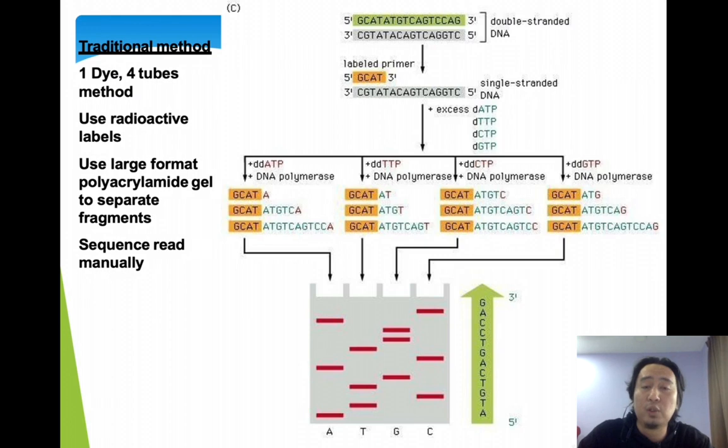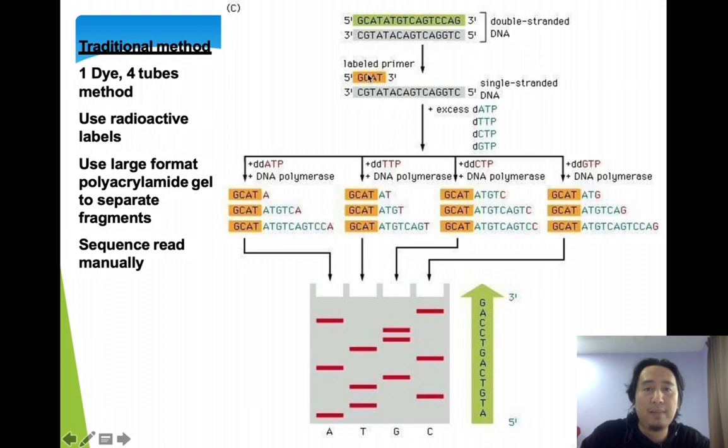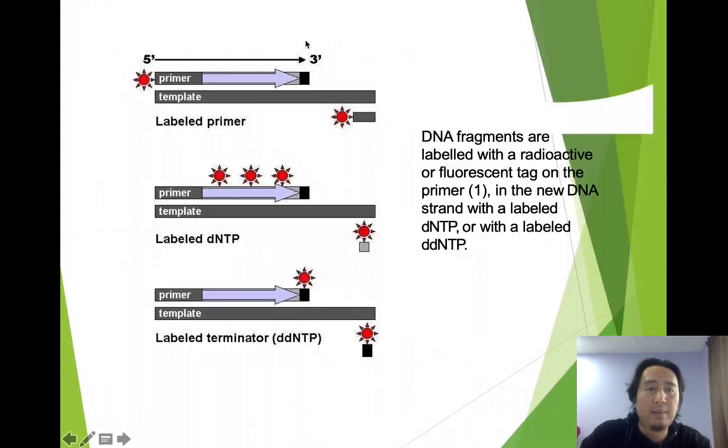How the Sanger method sequencing works. DNA fragments are labeled with a radioactive or fluorescent tag on the primer. You can use it on the primer, so this is a primer. Or in the new DNA strand with labeled dNTP. So dNTP you can also label. Like just now, for example, we labeled the primer.